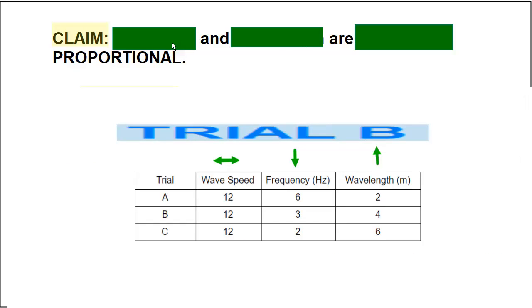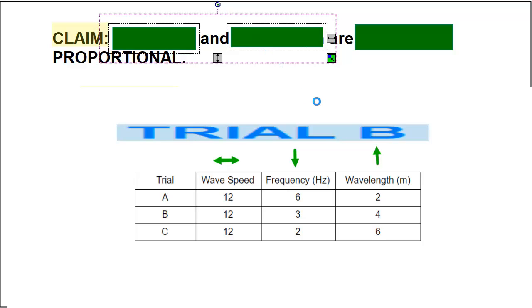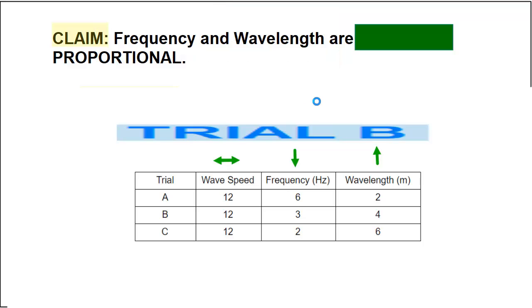To finish up, you can go back and write your claim now. First, what are the two variables we're talking about? Frequency and wavelength. Don't just say they or it or the table. You have to say frequency and wavelength because these are the two arrows we're talking about. And then, what kind of proportionality were they? Inversely or directly? They're inversely proportional.